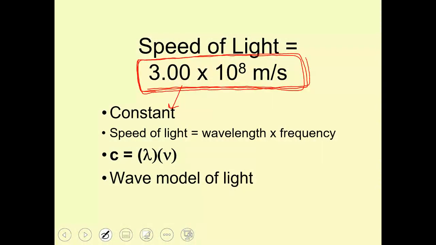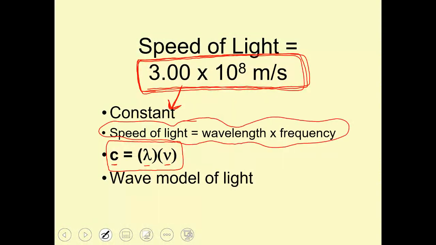And so this is definitely a number that you need to have handy in your notes, because we're going to use it to do a lot of calculations. The wave model of light, remember, models can be mathematical. This is our mathematical equation, that the speed of light, which is c, is equal to the wavelength times the frequency. And here it is in words.